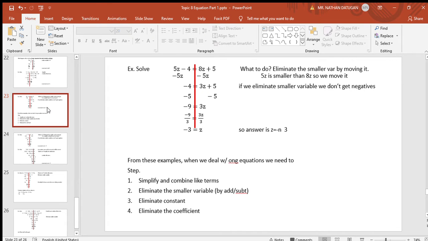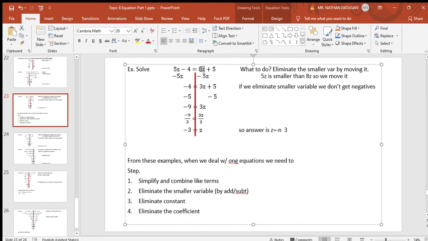Let's have another example. 5z minus 4 is equal to 8z plus 5. Now, first thing first, can we combine any like terms? Nope. Again, you might be tempted to combine 5z and 8z, but we can't. Why is that?